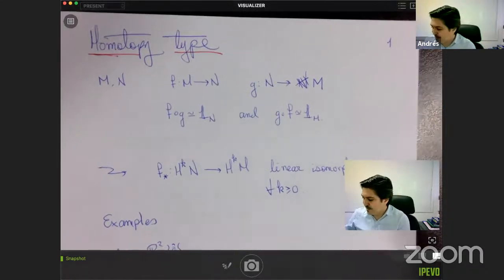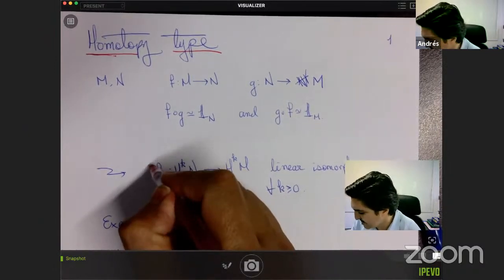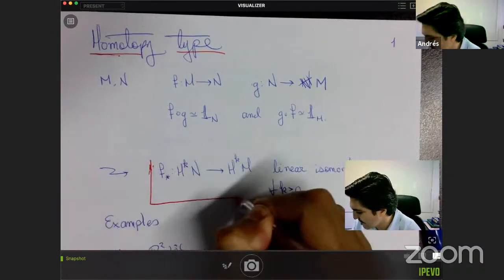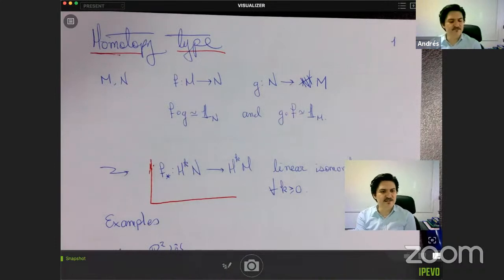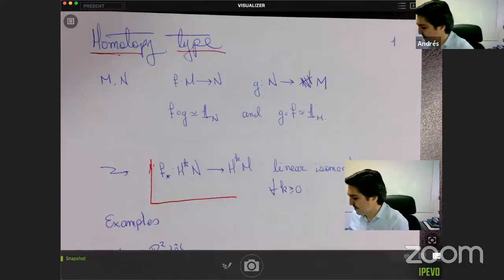And basically, this was the main observation of this concept. We care about manifolds having the same homotopy type because the induced map f star will give us a linear isomorphism.